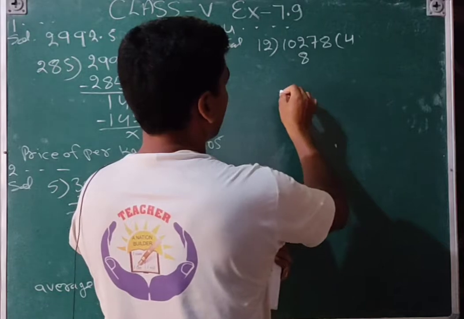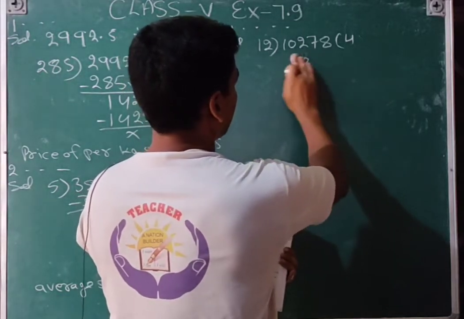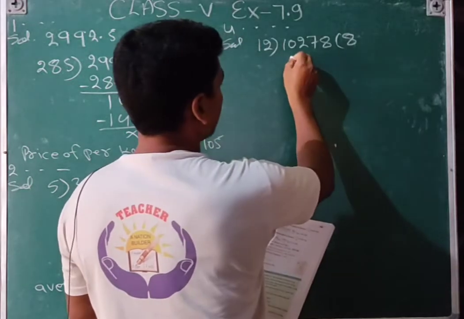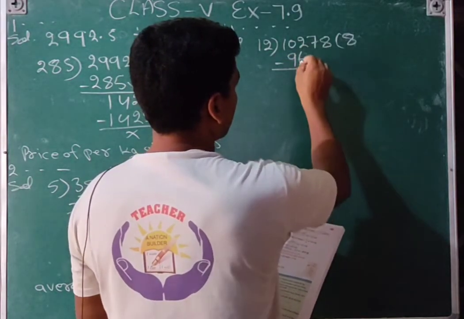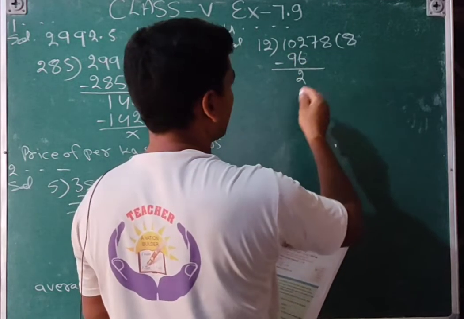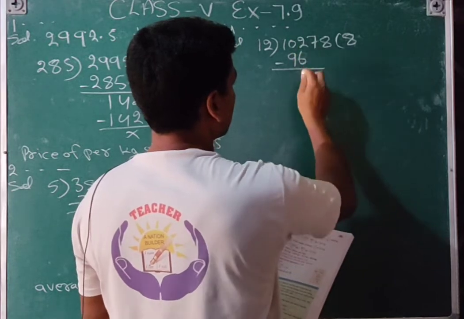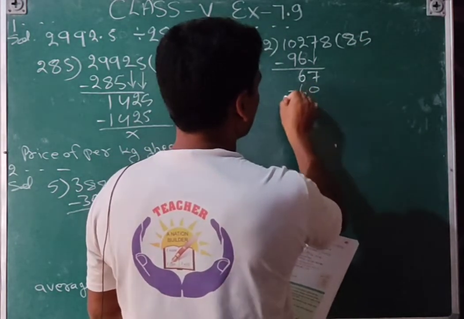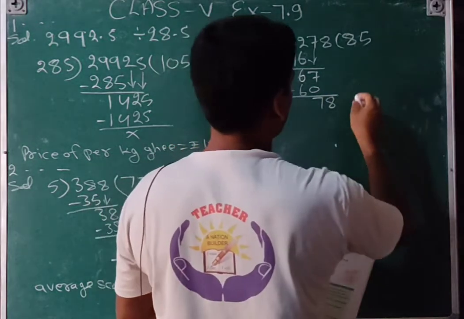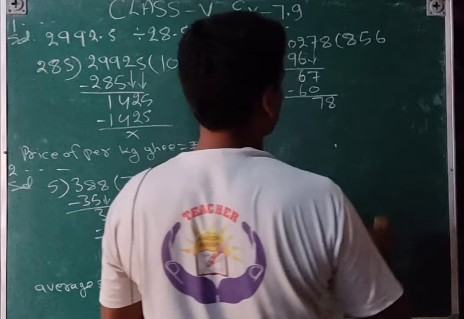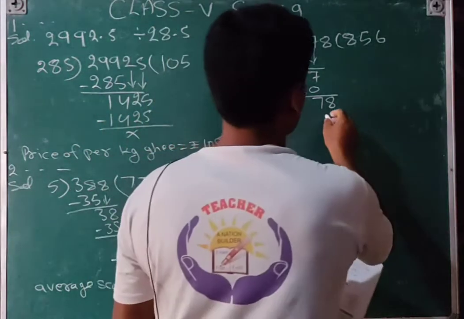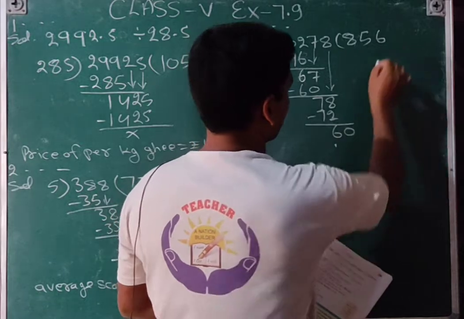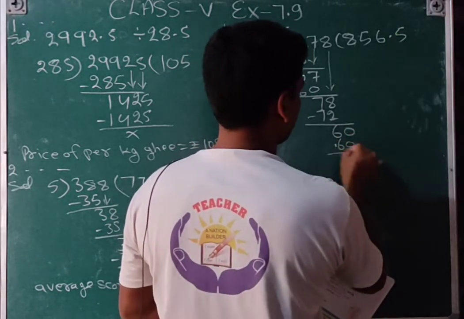So 12 8s are 96, and then 12 less 6 is 6, and then another digit, 12 5s are 60, and then left is 7, 12 6s are 72, that will be left is 6, 0 after the decimal, 12 5s are 60.